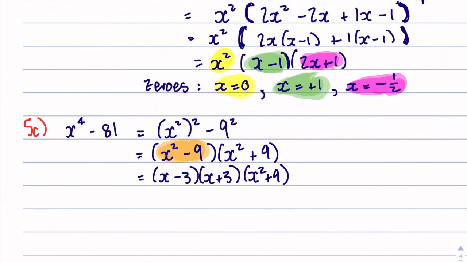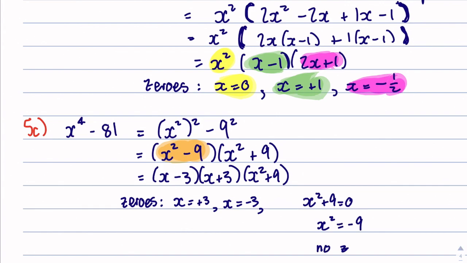So our zeros, we've got x equals positive 3, x equals negative 3, but x squared plus 9 equals 0, x squared equals minus 9, no zeros here.